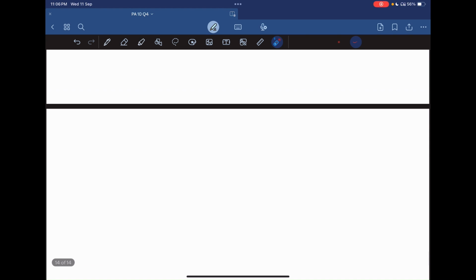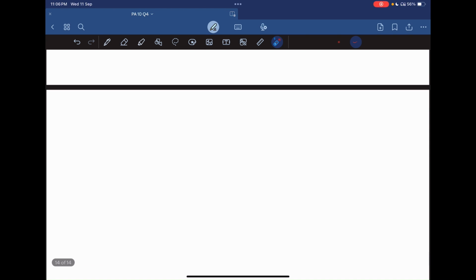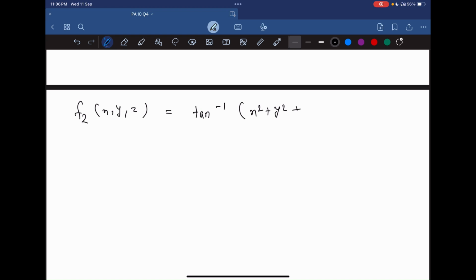Now what we did above, we will do the same thing for the f2 function also. Given our f2 function is tan inverse of x square plus y square plus 2z square. First we need to calculate the partial derivative of this function with respect to x, y and z. Just how we applied the chain rule for the above function, we will do the same thing here.